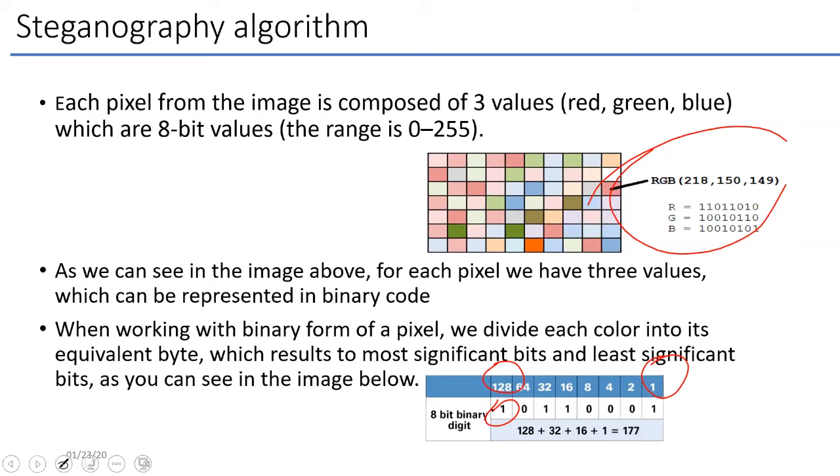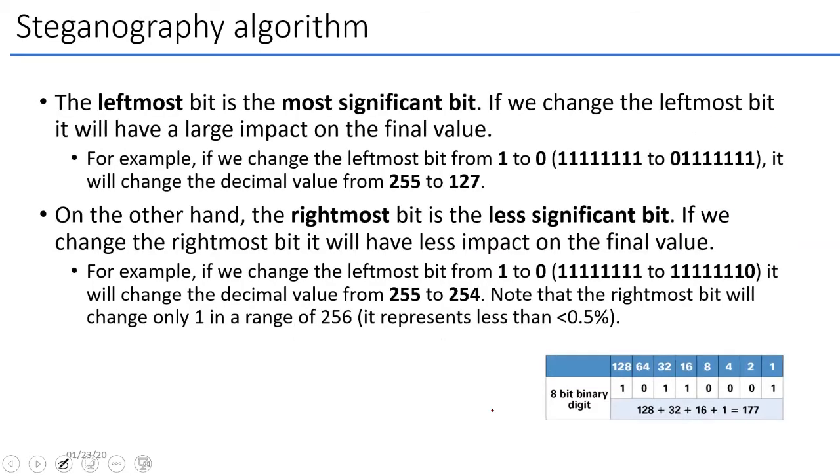That's the takeaway here. Changing the rightmost bit, the least significant bit, will have a lesser effect on the picture, and the leftmost one, the most significant bit, will have more effect.